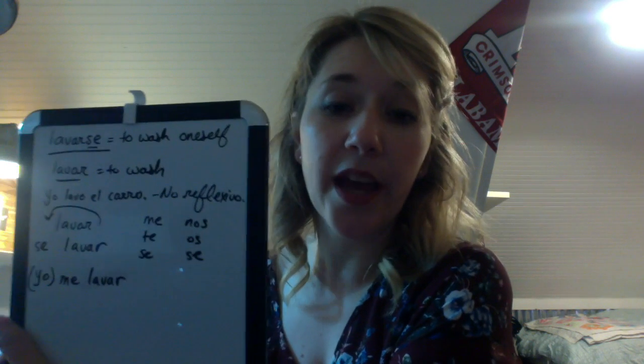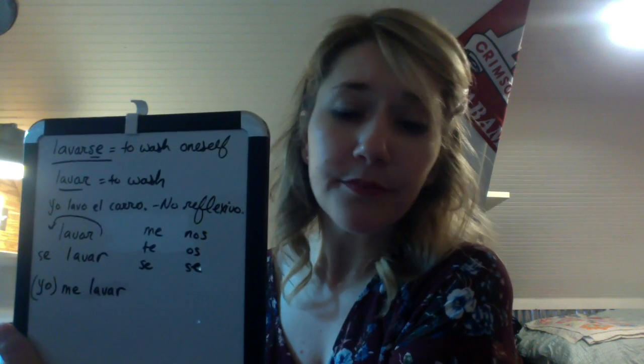So then, what pronoun are we going to pick to be the correct reflexive pronoun in the yo form? Well, we're going to pick me. Right, so we're going to put yo, which is optional, so I'm going to put parentheses, okay? Yo, me, and then look, we've got lavar. But hold up a minute. Step 3 is you got to conjugate that verb, okay? Because lavar, it means to wash.